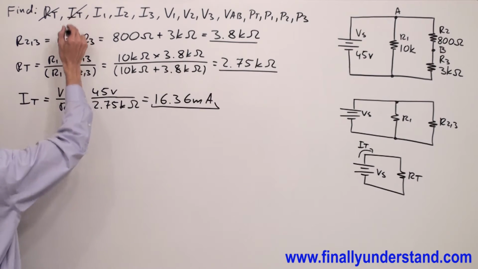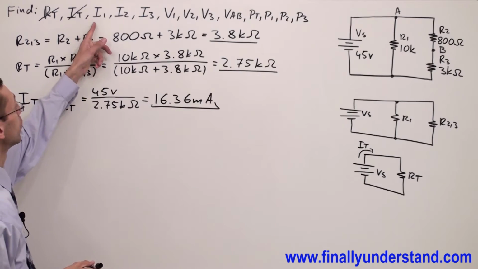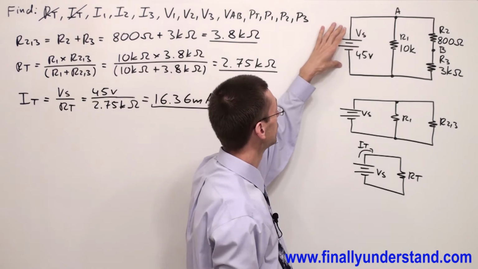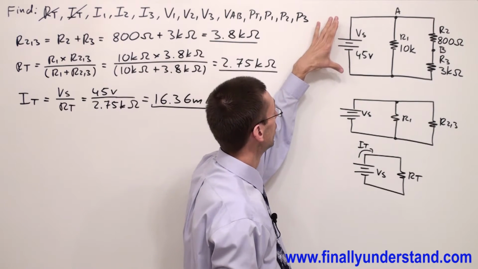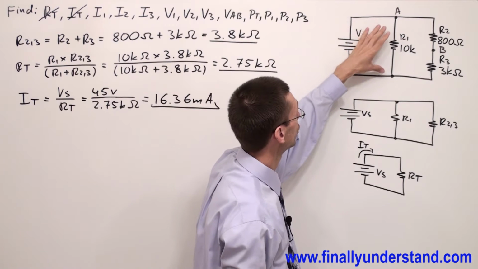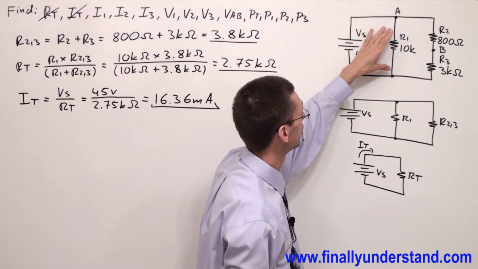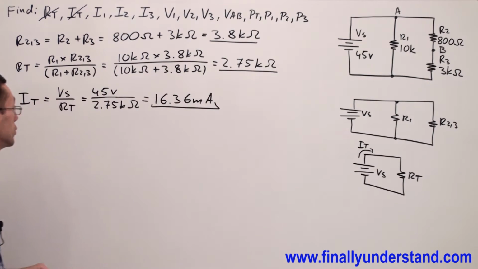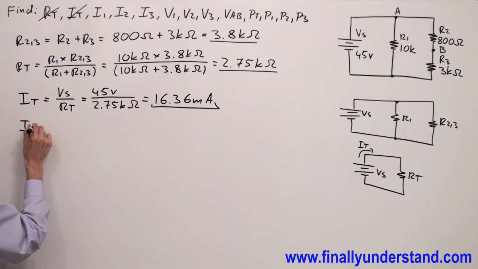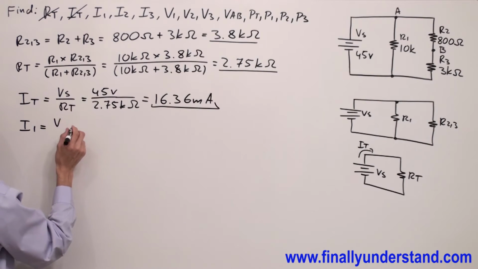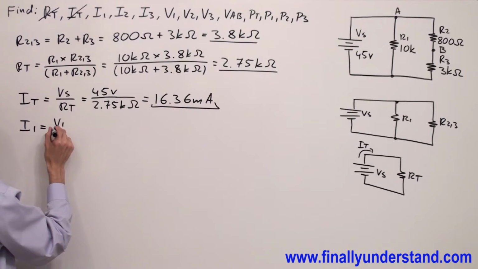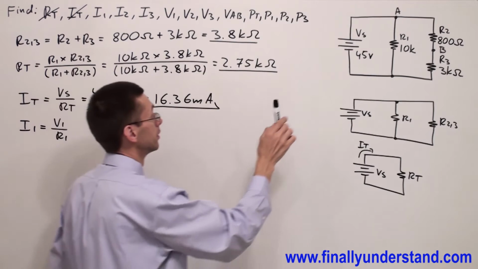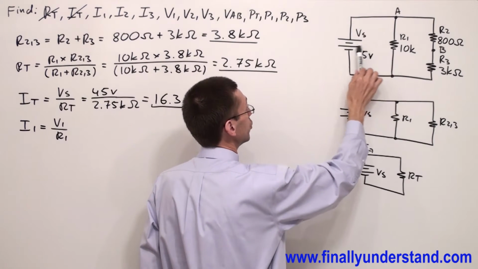Next, I'm going to find I1. Please notice that resistor R1 is in parallel with the voltage source. So the voltage source is going to appear across resistor R1. So again, I'm going to use Ohm's law to find the current which goes through resistor R1. So I1 is equal to voltage 1, which is equal to the voltage source over R1. Don't forget that in a parallel circuit the voltages are the same.